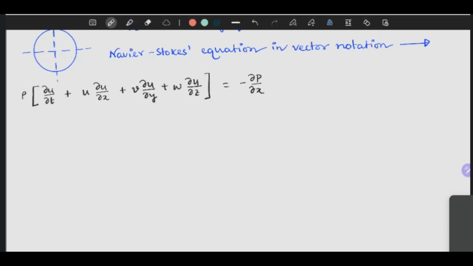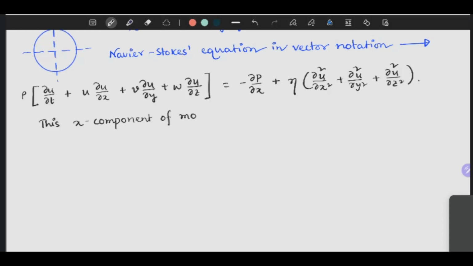So this is for one component, plus eta (del squared u/del x squared plus del squared u/del y squared plus del squared u/del z squared). So this is the x component of the momentum equation.